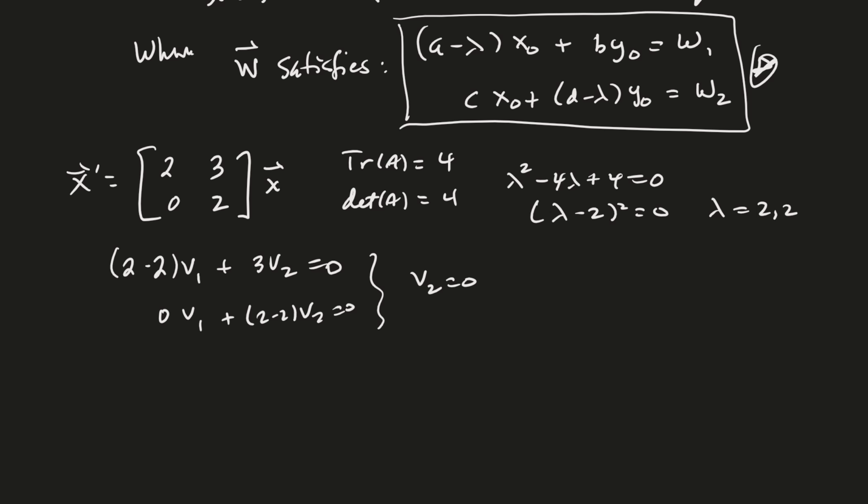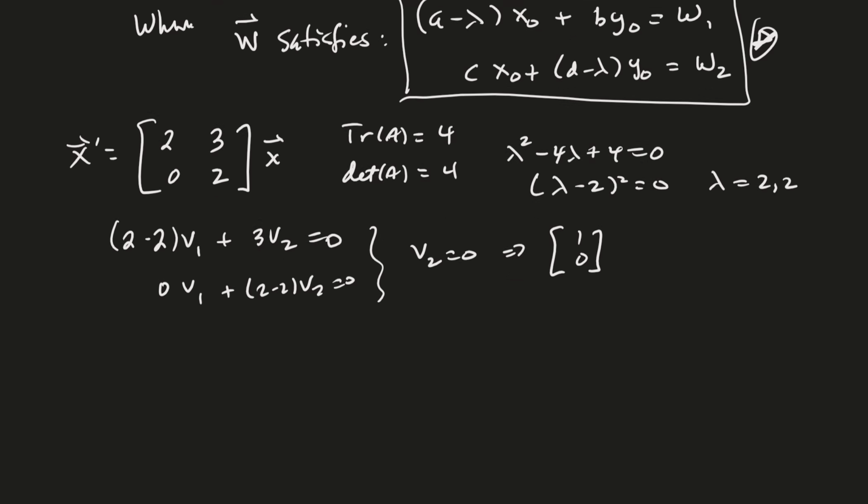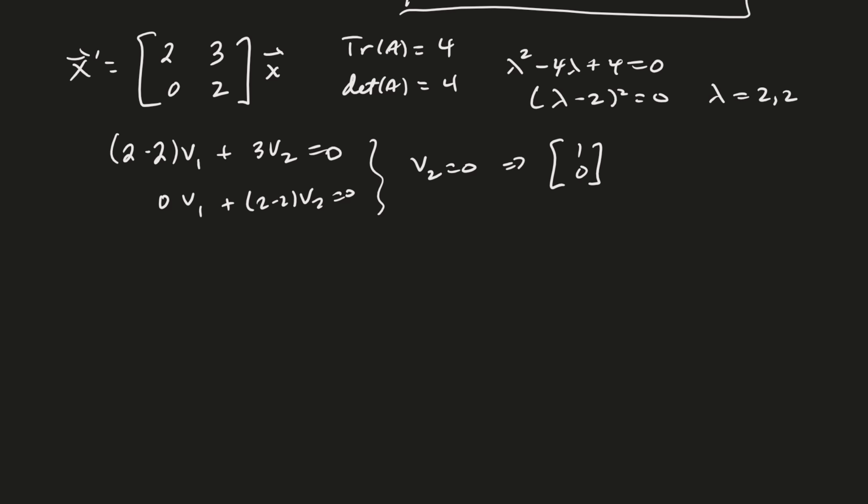You could probably stop here, because this means that you only have one eigenvector, which is of the form 1, 0, and we're actually not going to even use that. However, this equation we are going to use: 2 minus 2 times x0 plus 3 y0 equals w1, and then 0 x0 plus 2 minus 2 times y0 equals w2.